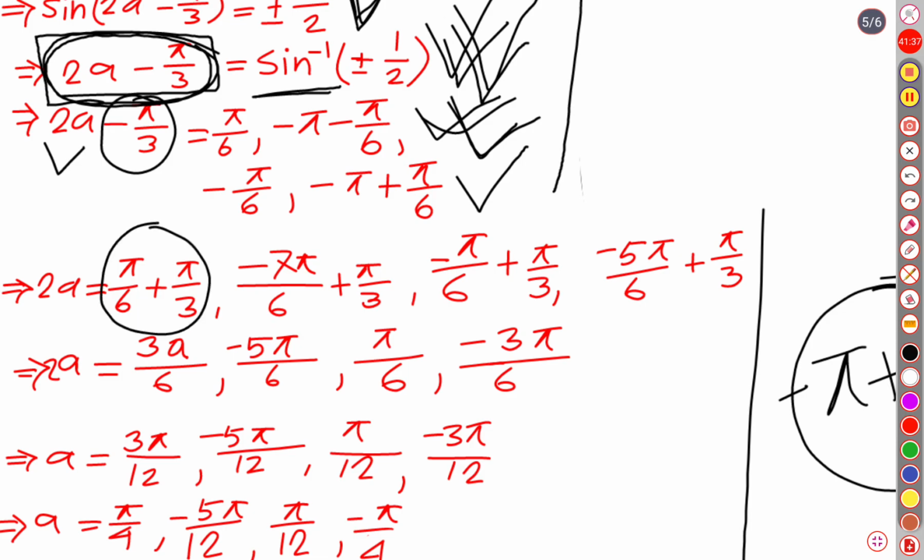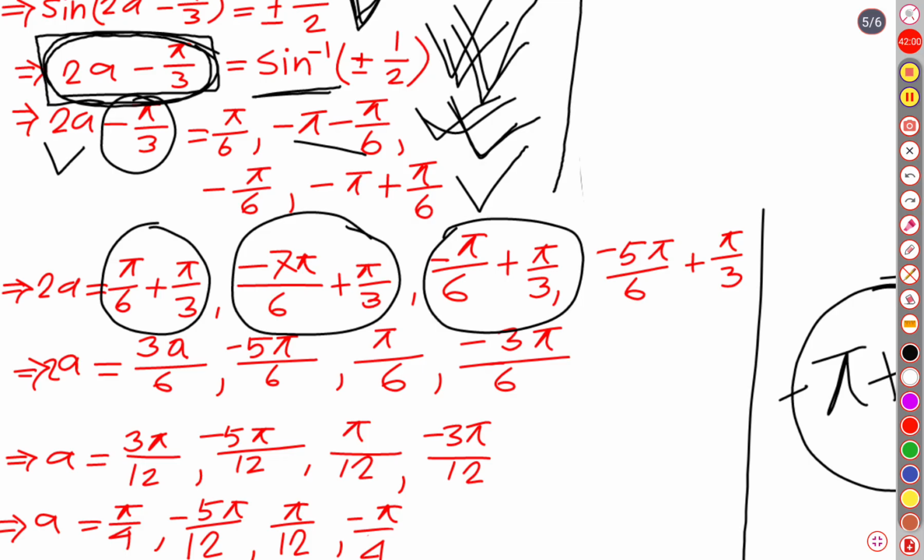Then the second one was, look here, negative 6, negative pi and negative pi over 6. So 6 ones are 6, 6 plus 1 means 7. So this is going to be negative 7 pi over 6 plus pi over 3. From the left side we have shifted it to the right side. Third one is negative pi over 6, and from the left side we are transposing pi over 3.